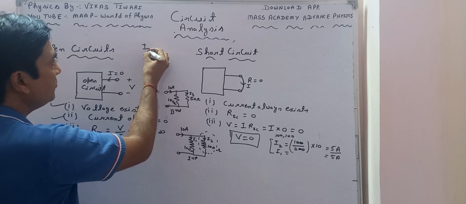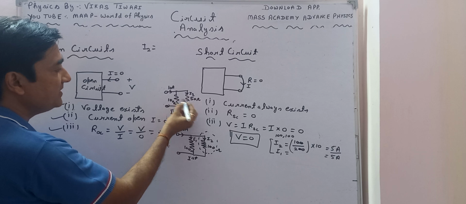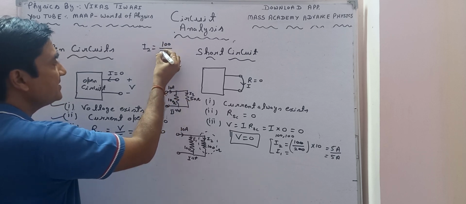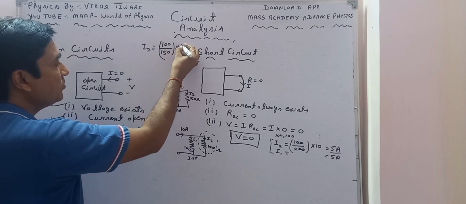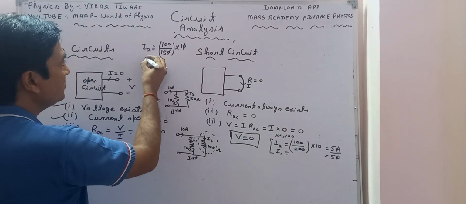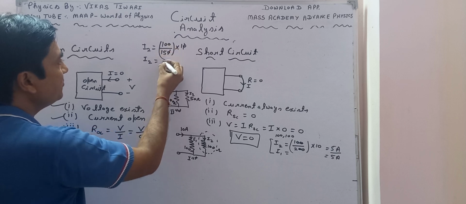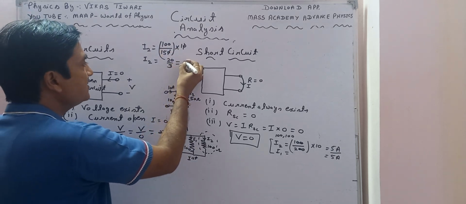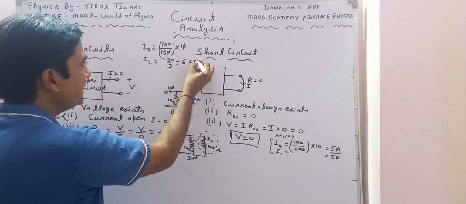The value of I2 is equal to the resistance in front, 100, over the sum of these two resistances, 100 plus 50, 150, times the total current of 10 ampere. So the value of I2 will become 20 by 3, which is approximately 6.67 ampere.